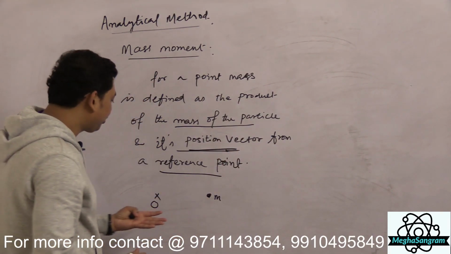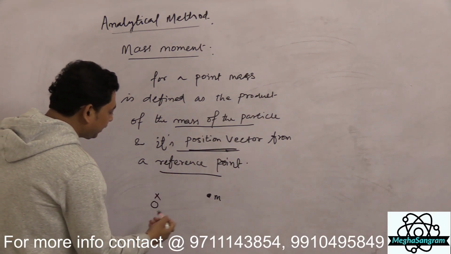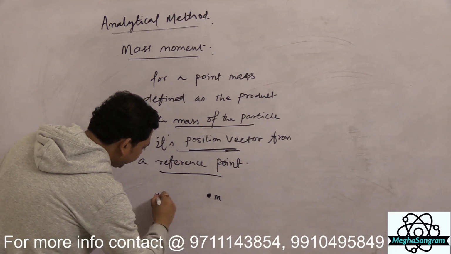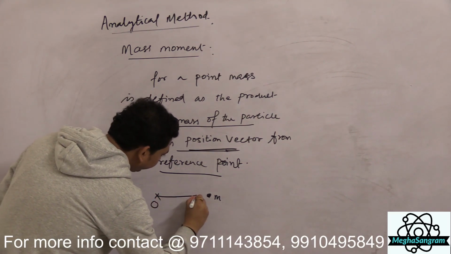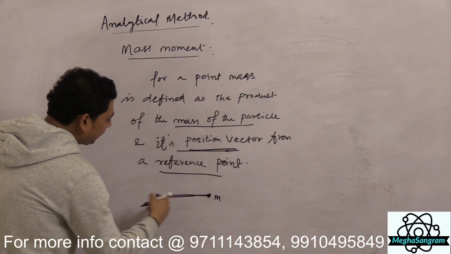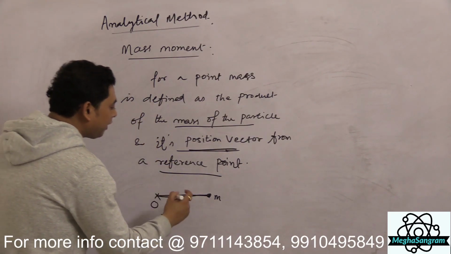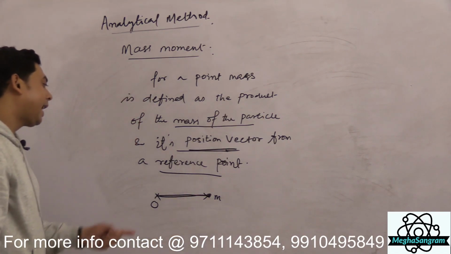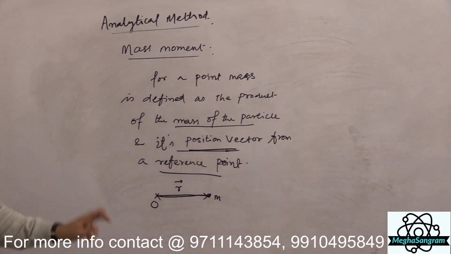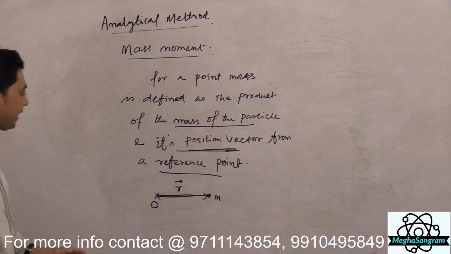Position vector is the straight line joining the point with the reference point, and it is always directed towards the mass, and it is denoted by R. Since it is a vector quantity, we will put it as R vector.